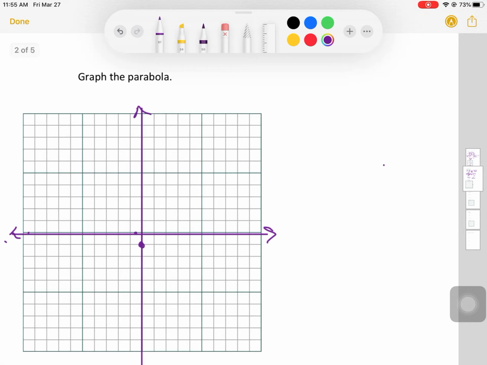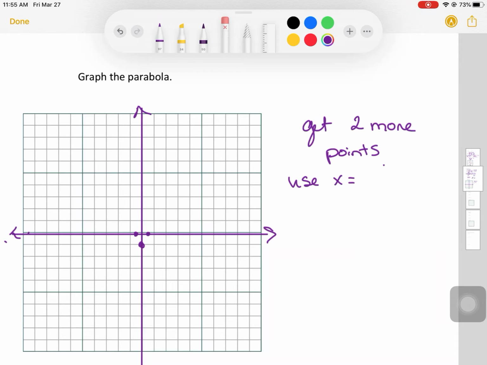My x-intercepts are going to be right here. In this situation, it might be helpful to get 2 more points. Sometimes it helps. I'm going to use x equals 2 just so I can get a nice picture.